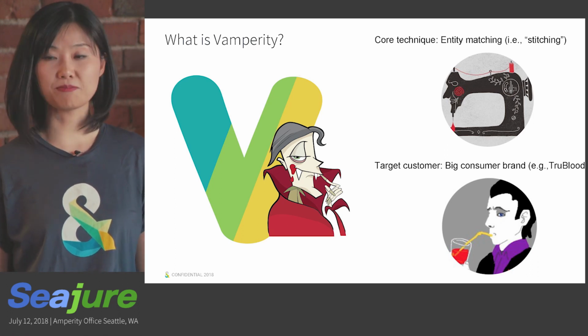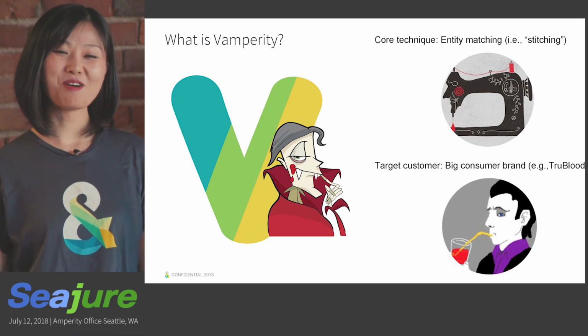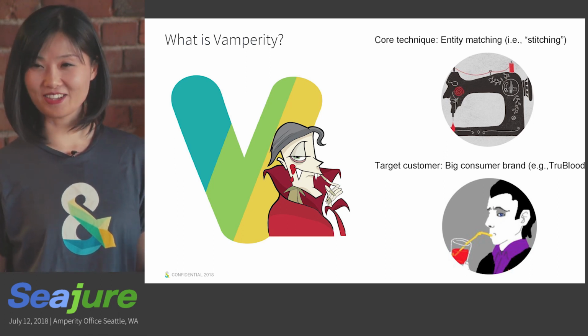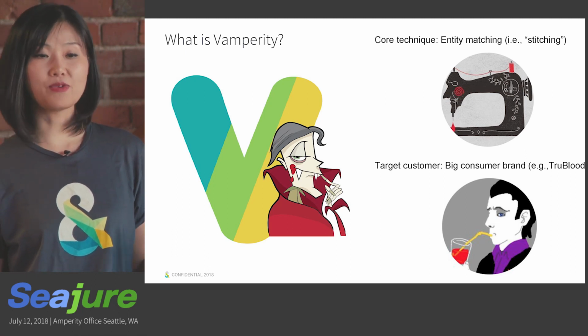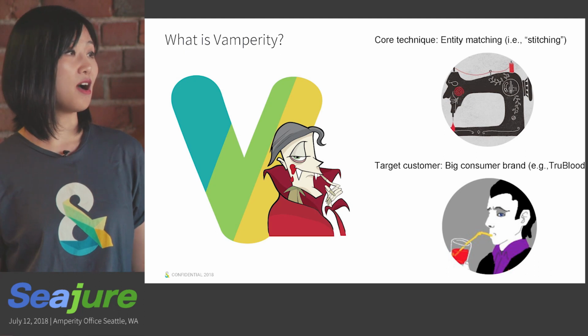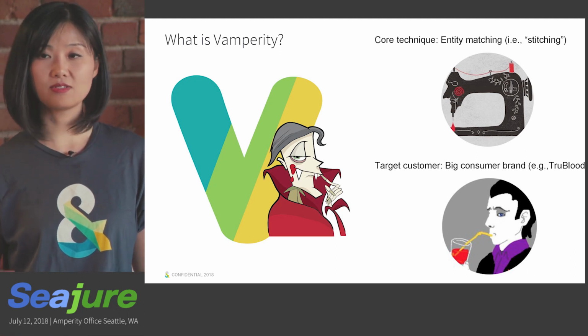Through the entity matching pipeline, they are able to connect different databases together and create a single unified customer database. And with that, the marketers will be able to know their customers better than ever and reach out to them more effectively.